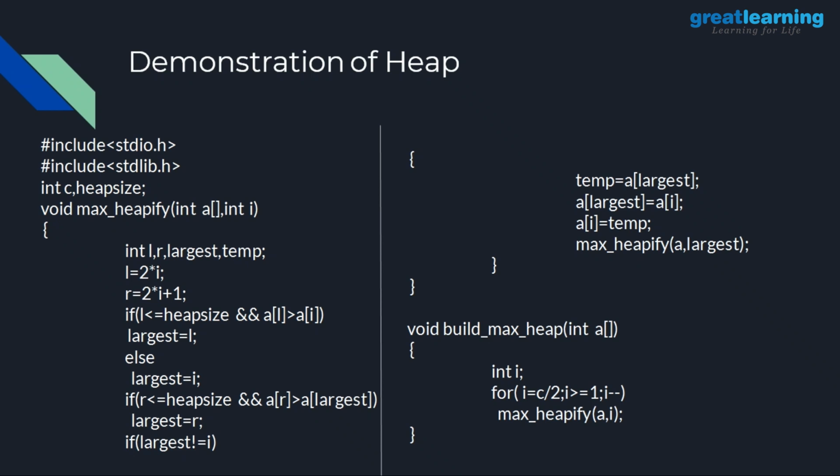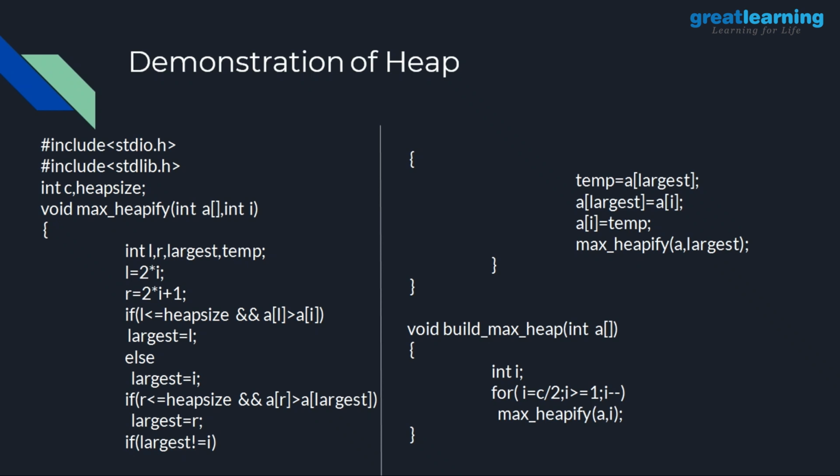So you see, we are doing n by 2 in the build max heap, right? Then we max heapify that parent node. Similarly, we will do it for all the parent nodes.